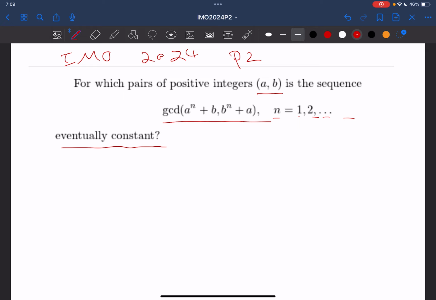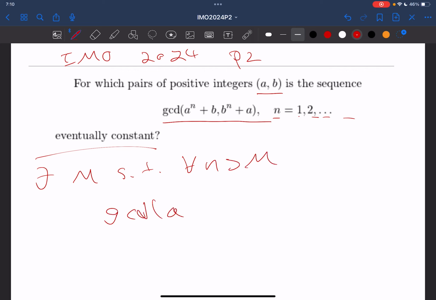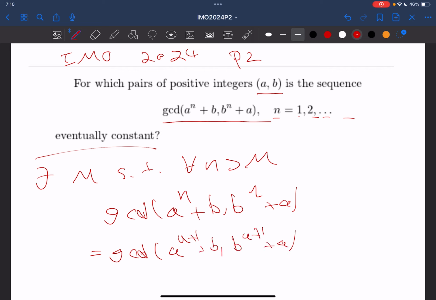That basically means there exists m such that for all n larger than m, the GCD of a^n + b and b^n + a is equal to the GCD of a^(n+1) + b and b^(n+1) + a, which is equal to the GCD of a^(n+2) + b and b^(n+2) + a.